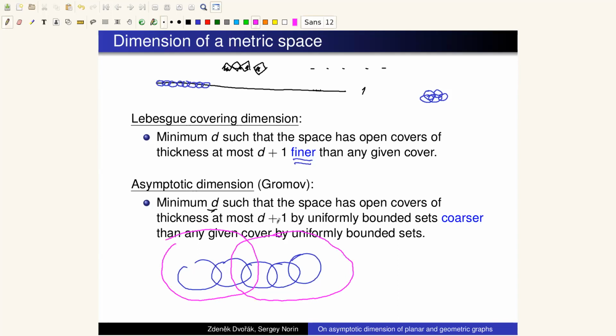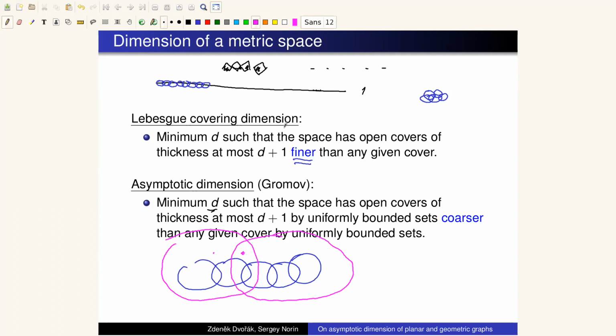These still must have bounded size, and additionally have the property that every point belongs to just a few of them. And now armed with this definition, we can move on to graphs.